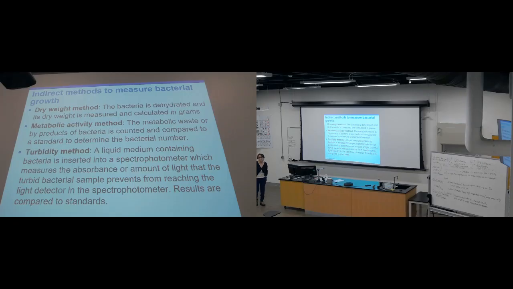Some bacteria may produce certain acids. You calculate the number of acid molecules that you have, and then you can compare to a standard, in which you know how much certain bacterial numbers produce, and then calculate based on that.